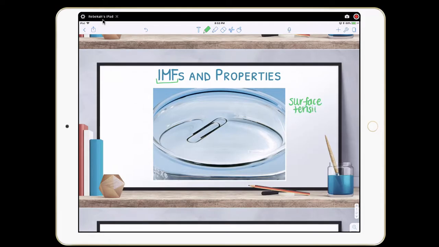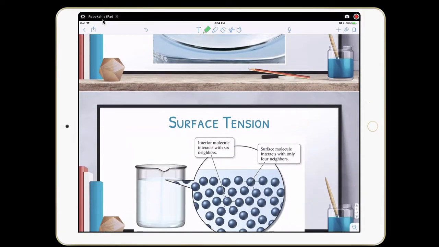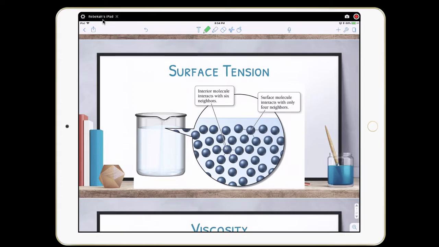Have you ever seen the little bugs that float on top of the water? They look like they're walking on the water. These bugs are using surface tension of the water. Now, surface tension of the water is because the water particles are attracted to each other, right?